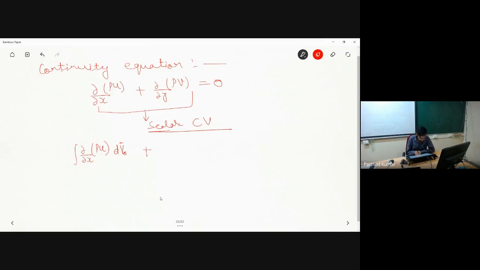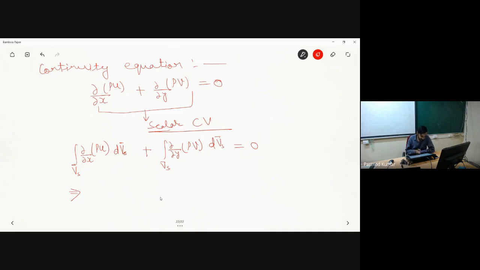Okay, plus I have to do integral del by del y of rho v, and this also will be a volumetric integral over the scalar control volume, equal to 0. So let me write the scalar control volume as V bar s. Now can you tell me what I will finally be getting after applying the Gauss divergence theorem?